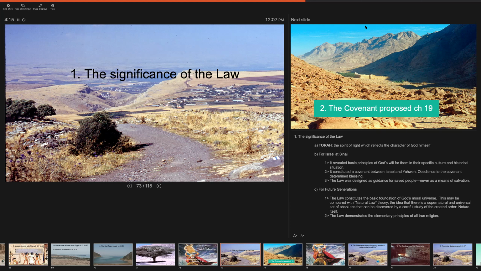For future generations, the law constitutes the basic foundation of God's moral universe. This is natural law. This is a supernatural and universal set of absolutes that can be discovered by a careful study of the created order. Nature itself teaches you. So when we look into places like Isaiah, the ox knows his master, the donkey knows his owner's stable, and yet you, my people, don't know.